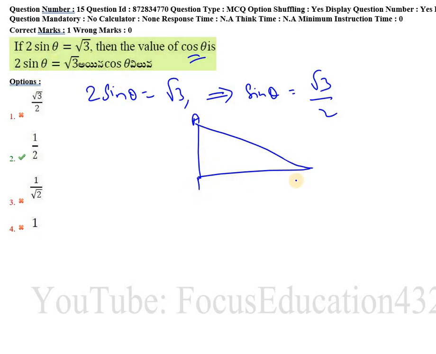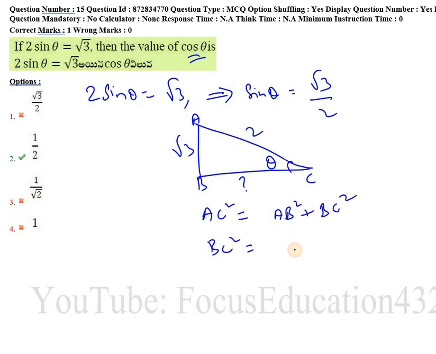So we will make a right angle triangle here, and this is theta. What is the sin value? Root 3 by 2. What is sin? Opposite by hypotenuse. Cos we should know this one, BC. Right. So what is the Pythagoras theorem? AC square is equal to AB square plus BC square.